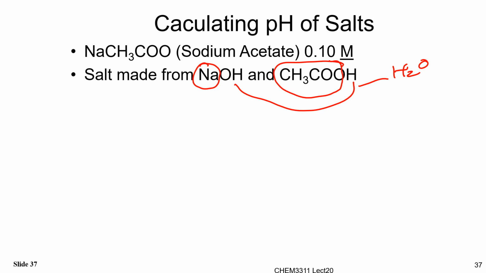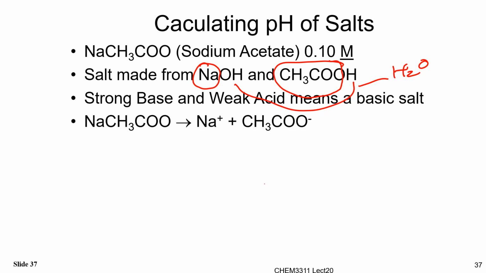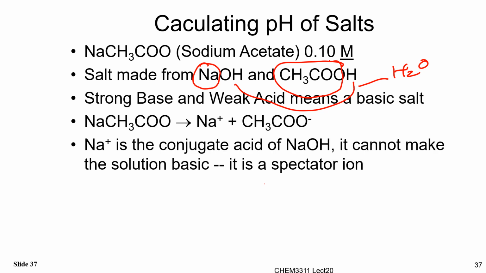It's so weak that it's a spectator ion. Okay, basic salt. Right? Sodium is the conjugate acid of sodium hydroxide. It's a spectator ion. We don't have to worry about it in our equilibrium.